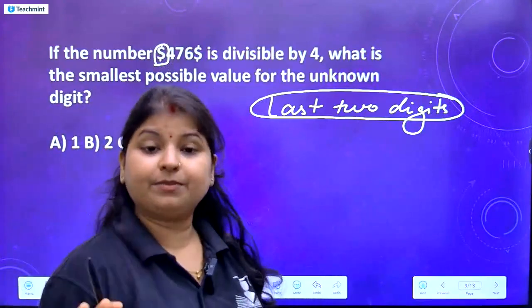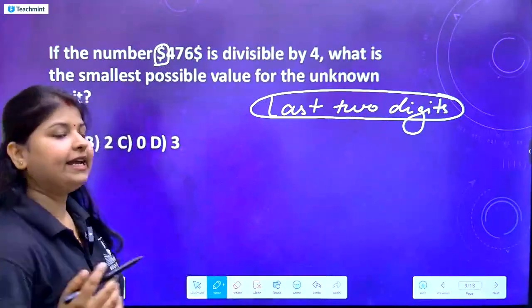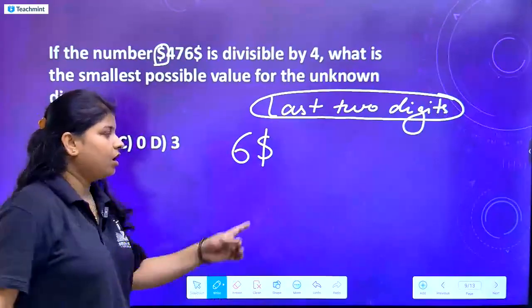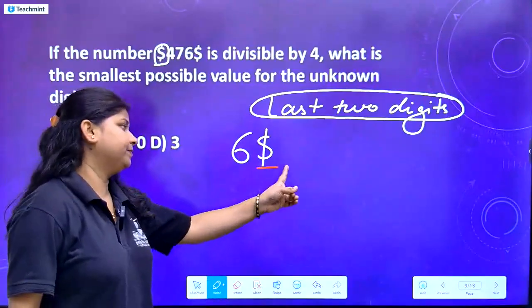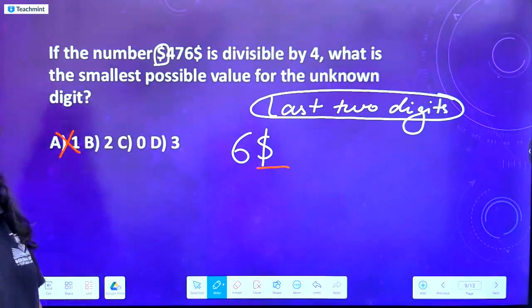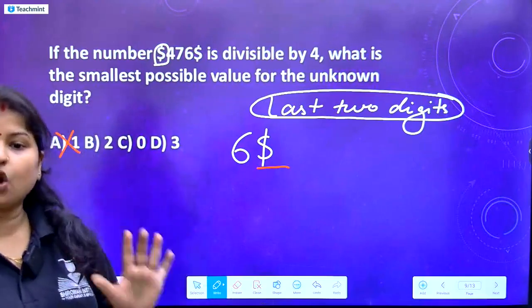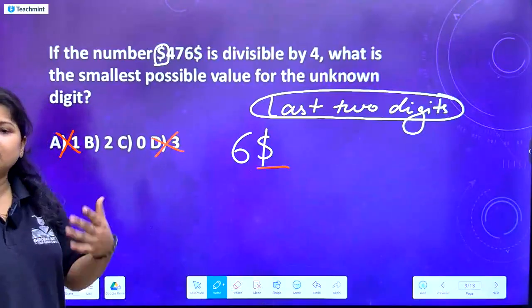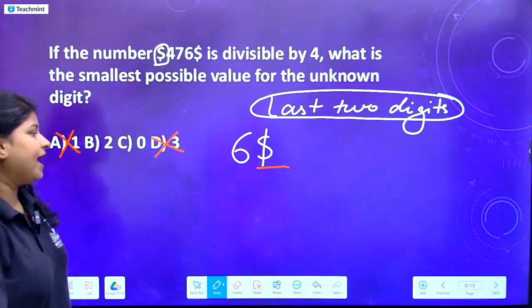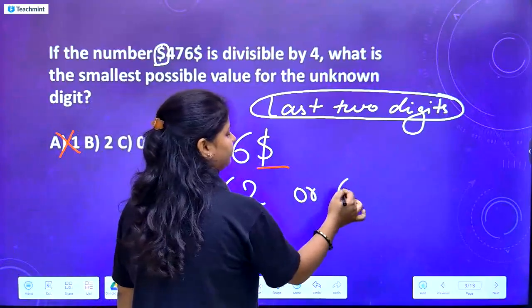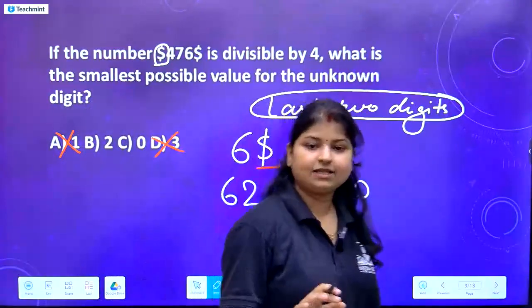To make it divisible by 4, I need the last 2 digits, that is 6 and the dollar. What shall I put here? 1 I cannot put. Why? Because 1 is odd. 3 also I cannot put because 3 is also odd. So my answer could be either 62 or 60.